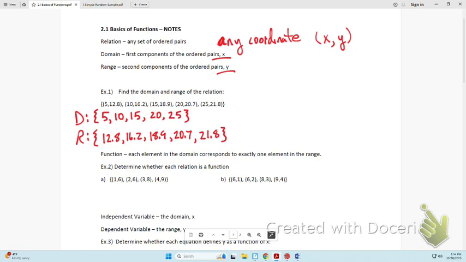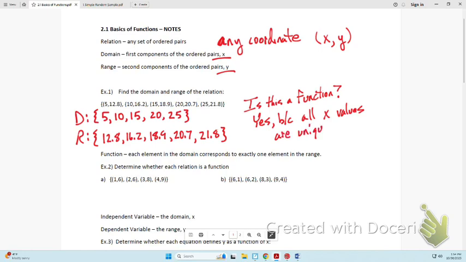And let's go ahead and dive into the question, is it a function? And I would say yes, it is. Because all x values are unique or different or are never repeated, something along those lines.